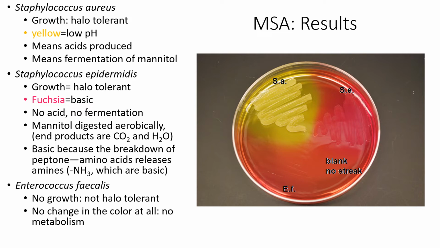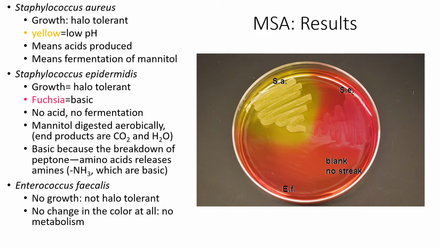It grows just fine. But more than just growing, I see yellow. Yellow is my evidence that this area is acidic because phenol red will turn yellow at pH below 6.8. So this is acidic, absolutely. And so it has fermented the mannitol. And so this is something I can see very easily.